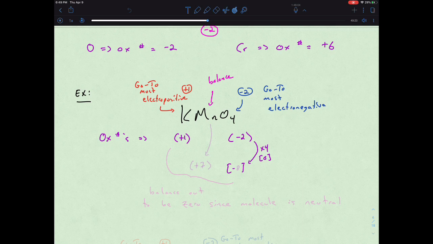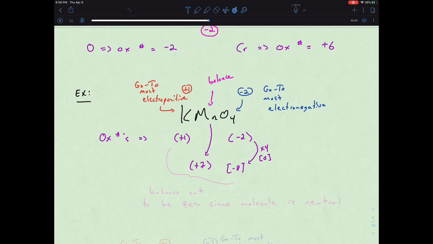And then we have the manganese, which is trying to balance out now the rest of the process. So we have a total of +1 from the potassium. We have a total of -8 from the oxygen. So that means our manganese must be +7.